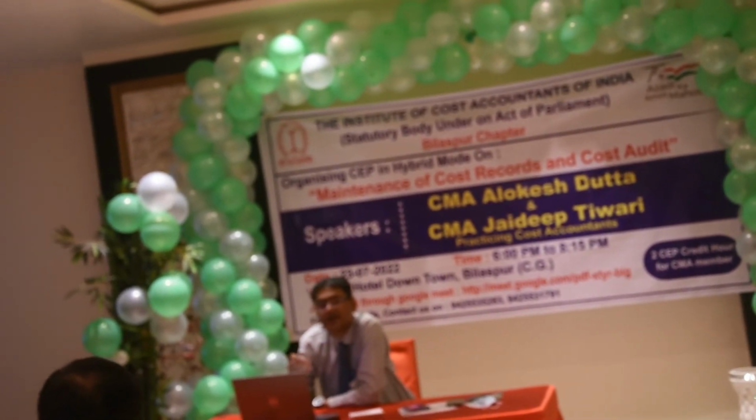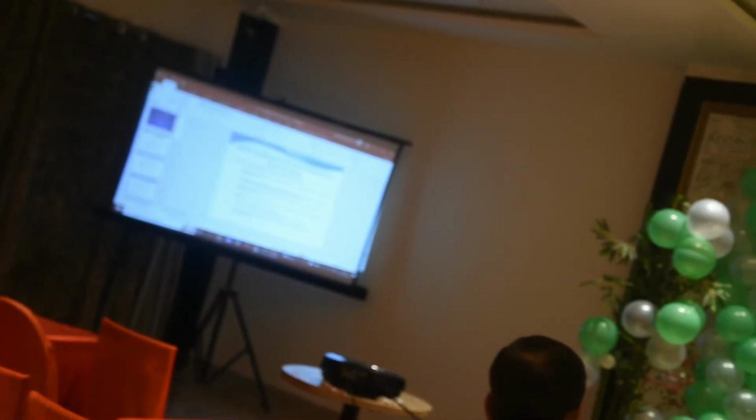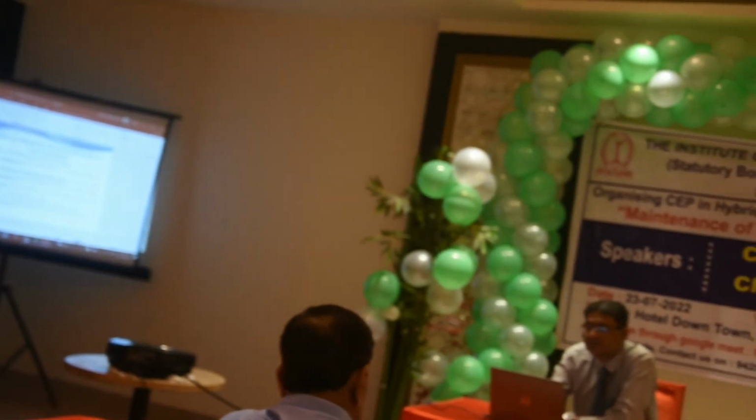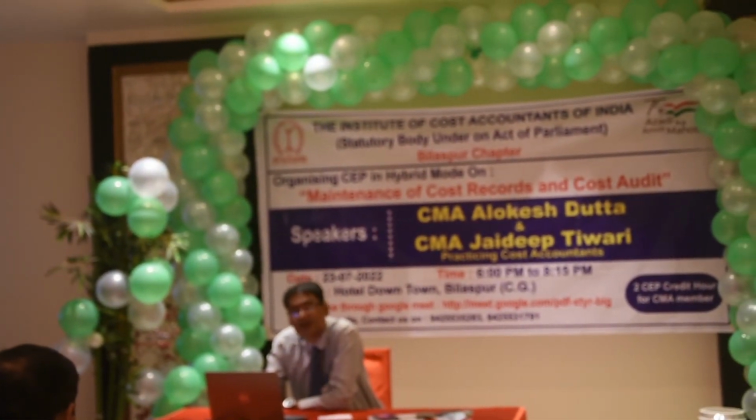Theoretically, we have all read that there are many methods of apportionment of service cost centers, that is secondary, trial and error methods, there are reciprocal methods. But in practicality, it is not plausible to take care of these theoretical methods. So what you have to do is, you have to prepare and chart out the service cost centers in an order such that it is a maximum giving first and least receiving.